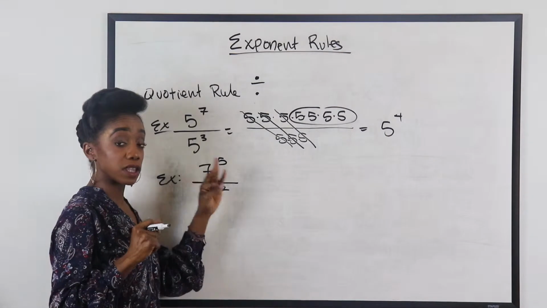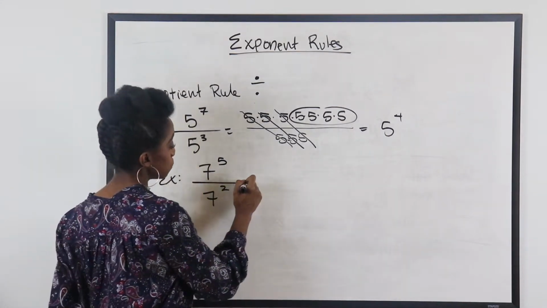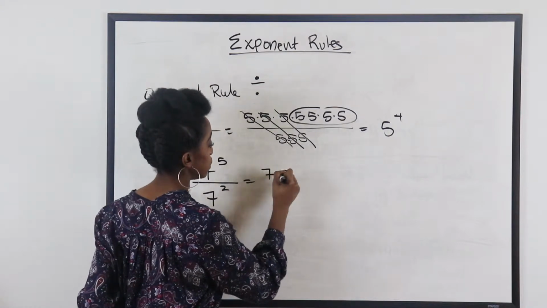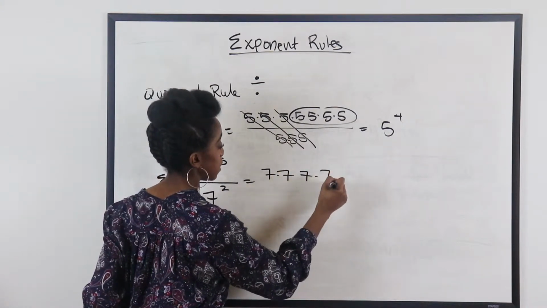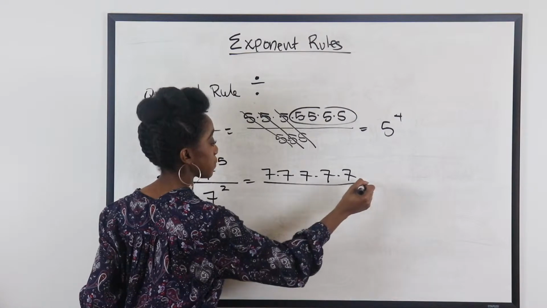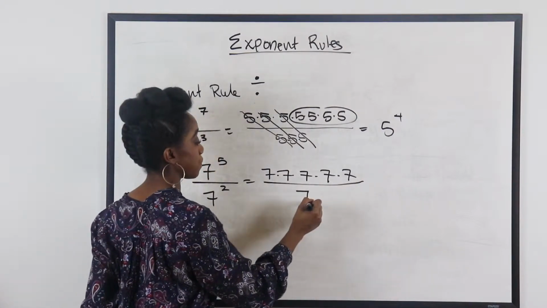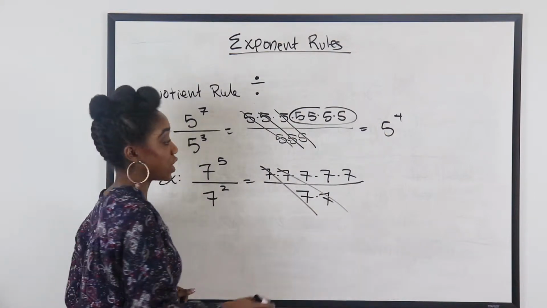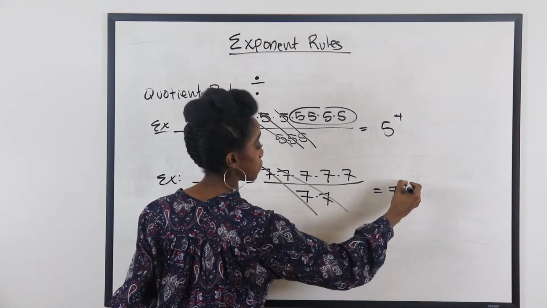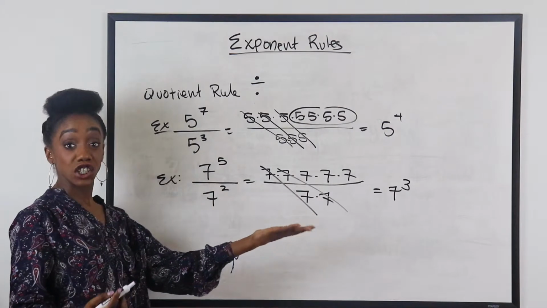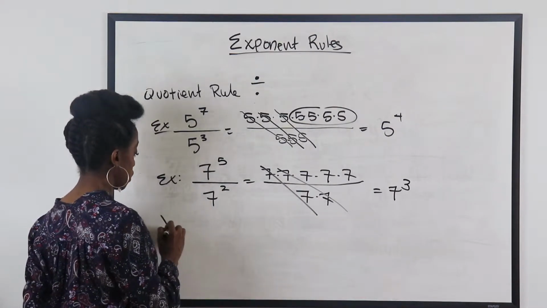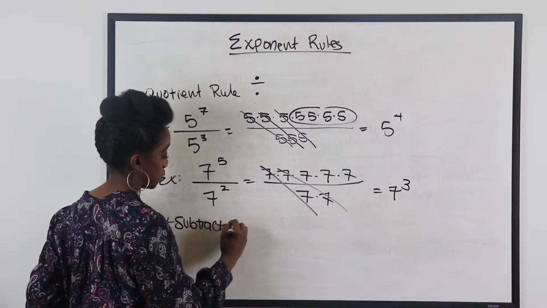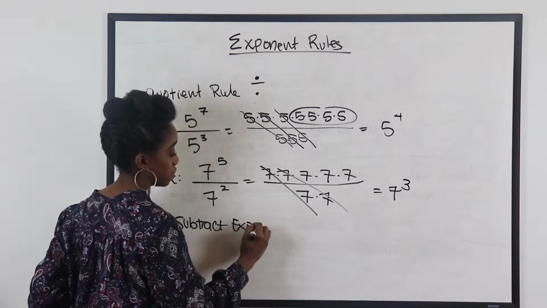Take a moment to think about what this might be. Well, following the same strategy above, we have 7, 7, 7, 7, 7. We can divide that by 7, 7. These will cancel with each other, and we're left with... Now, what are we actually doing here? We are subtracting the exponents.